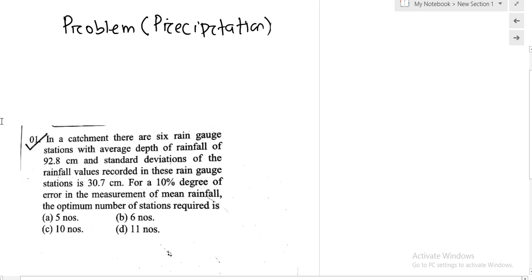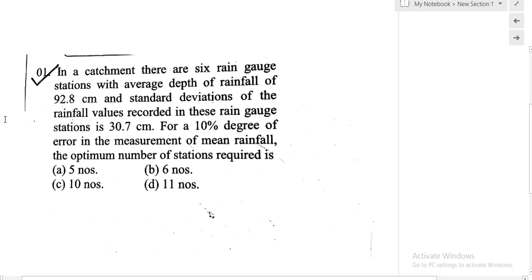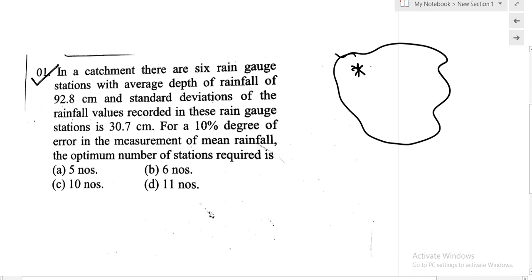Now, this is the first question. In a particular catchment there are 6 rain gauge stations: 1, 2, 3, 4, 5, 6.